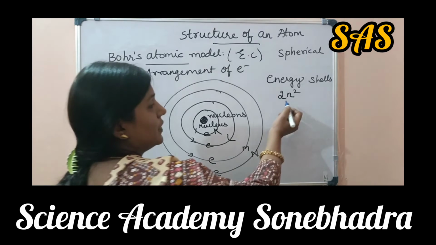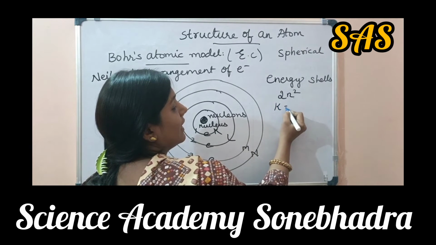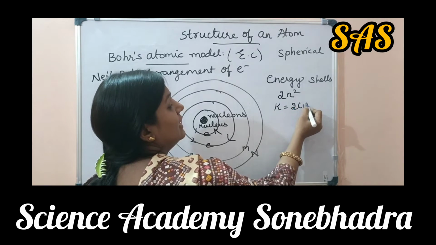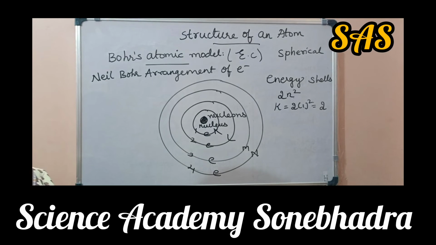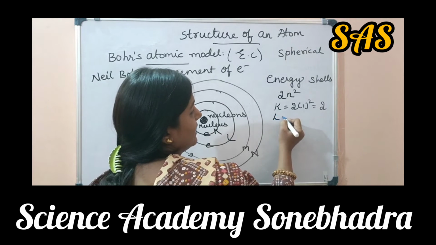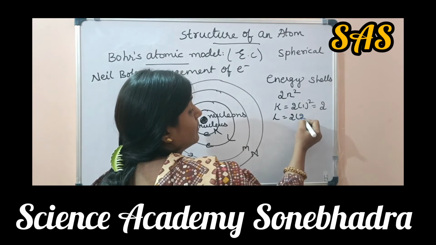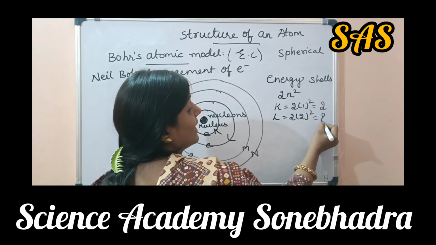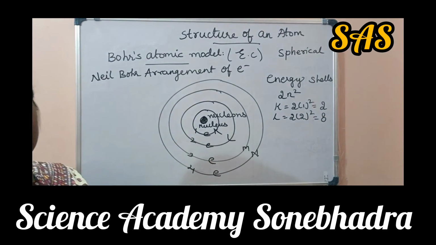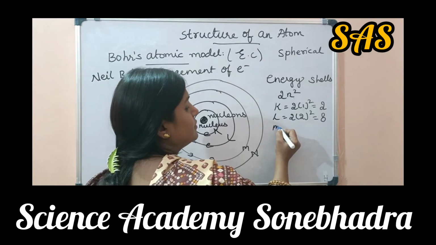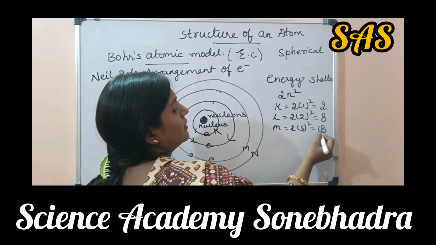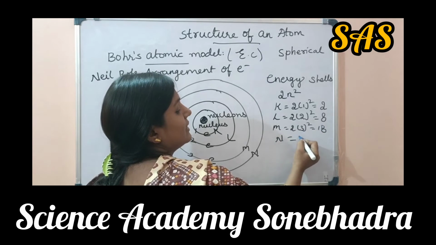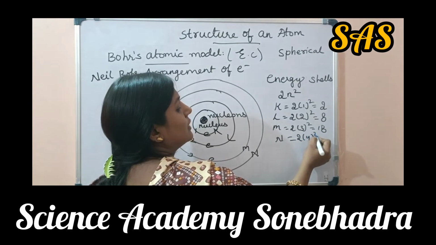So when you substitute the n value here, you will find that in K shell there can be only 2 electrons. Whereas in L shell, there can be 8 electrons. Similarly, in the M shell, there can be 18 electrons. And in N shell, there can be 32 electrons.